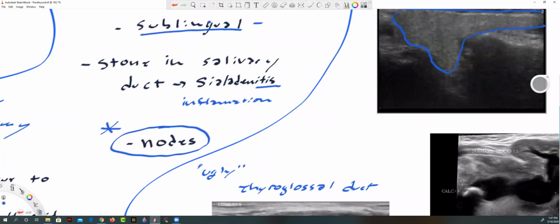Let's go to a different color here. On a transverse view, that's a good looking node.